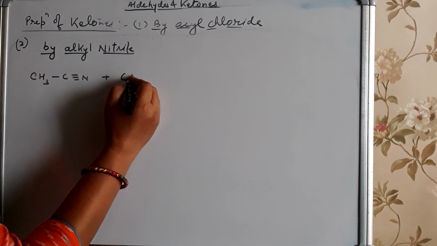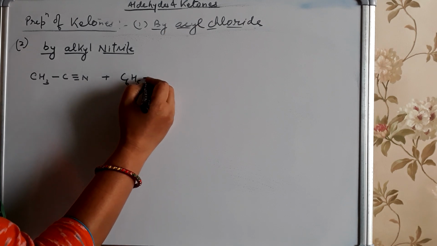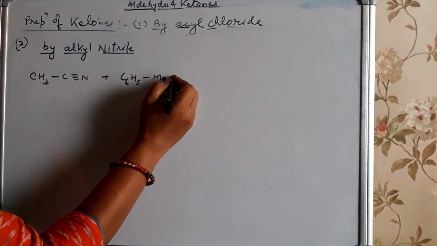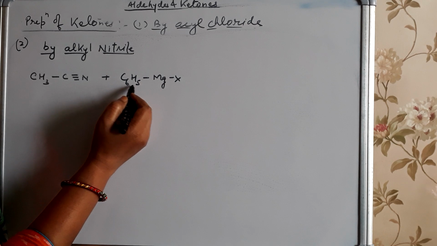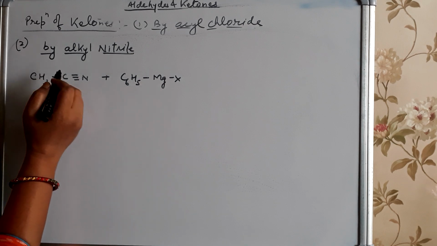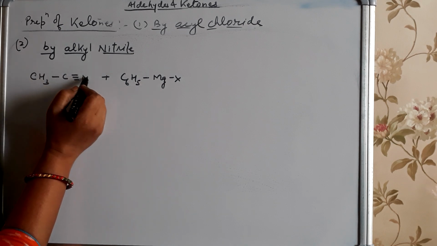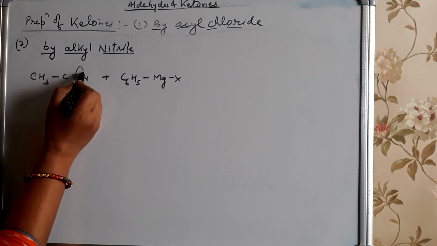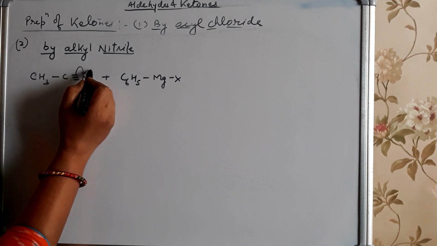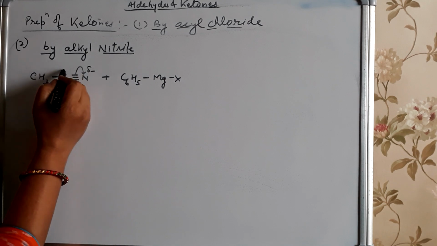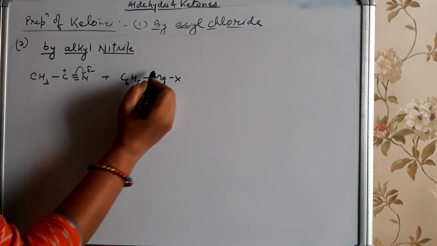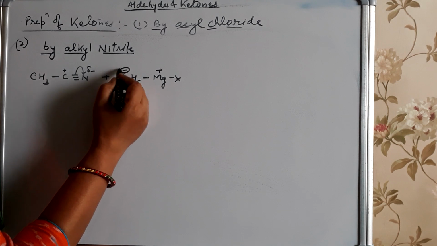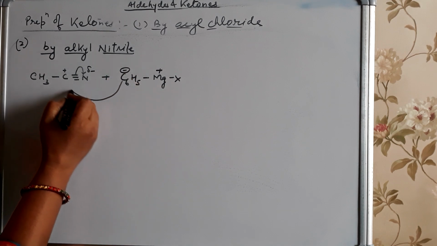We can use aryl instead of alkyl, it may be R, it may be Ar. At first, carbon and nitrogen: nitrogen is most electronegative, so the pi electrons shift towards it and it requires a negative charge, and carbon requires a positive charge. And the Grignard reagent is also negative and positive.